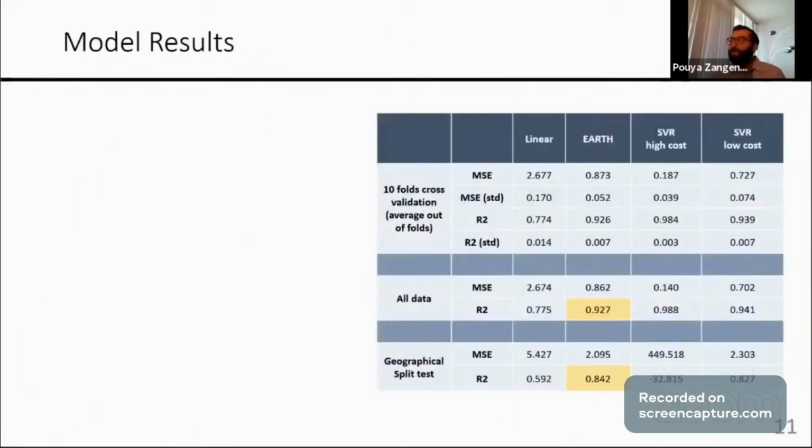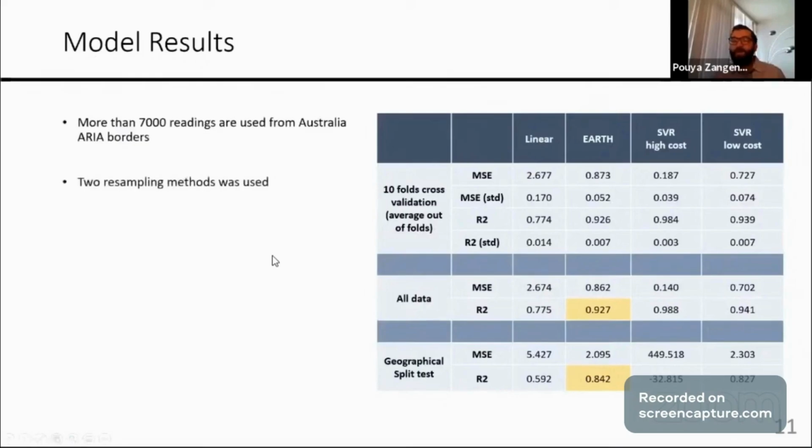Now, this is a little bit of the performance of our models. We tried different types of machine learning algorithms and different types of sampling methods. Eventually, we chose EARTH, which is a specific implementation of a method called multivariate adaptive regression splines.